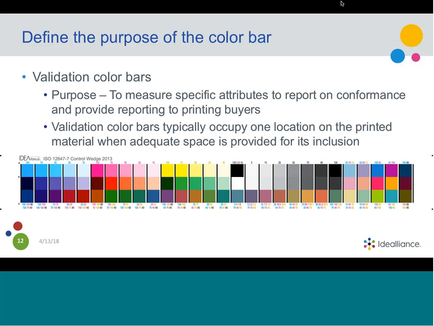So the main purpose of a validation bar is not to actually run the press by a bar across the back of the sheet, but it's more for providing reports and evaluating how individual objects within the job do, like that previous one that Mark had shown on the screen where there was a color bar associated with each individual object on the sheet, and also to verify proofs and validate performance of printing devices over an extended period of time, like a digital device or an inkjet device where you're just printing out a color bar and looking at it.